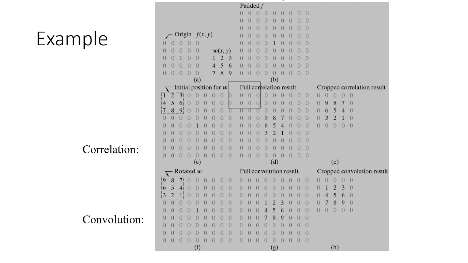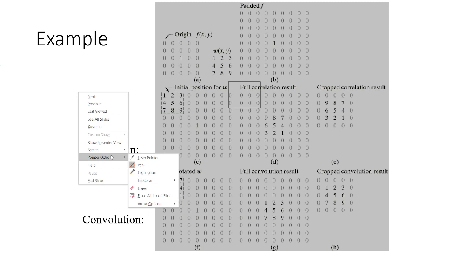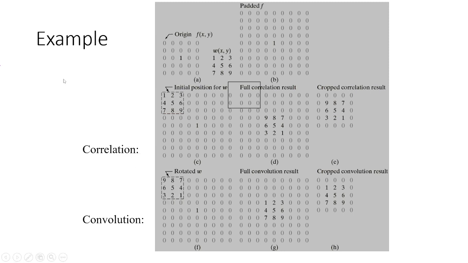Okay, so for example, this is the original image. So 1, 2, 3, 4, 5 is what is our masking values. It could be anything, masking values.